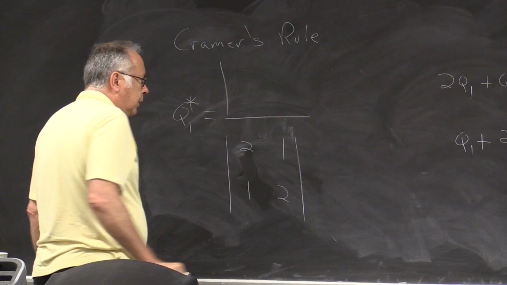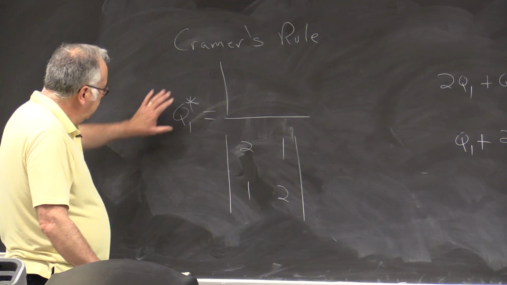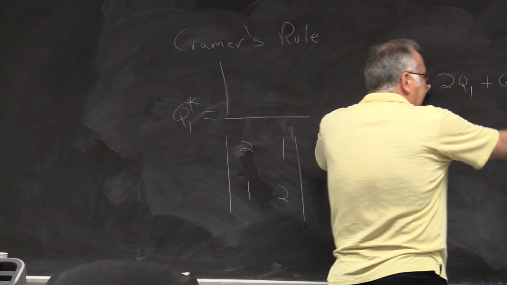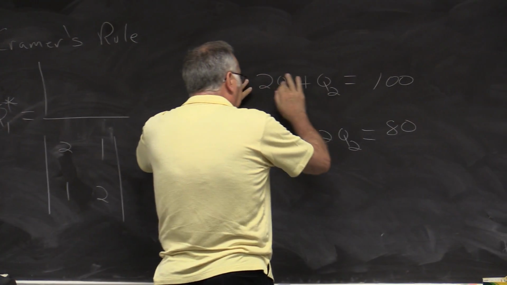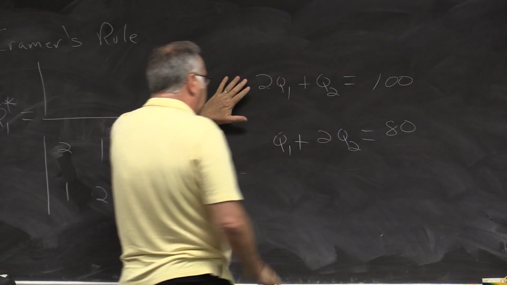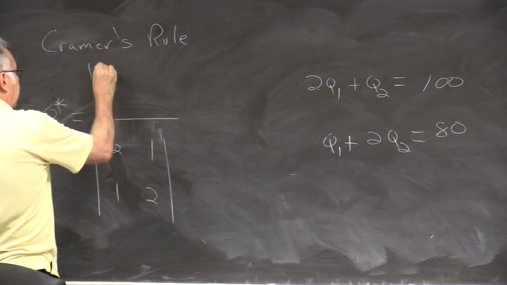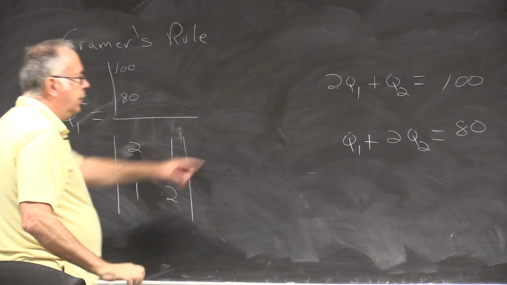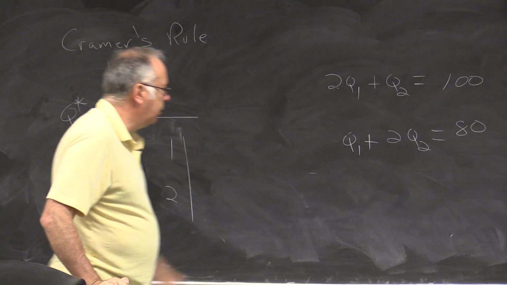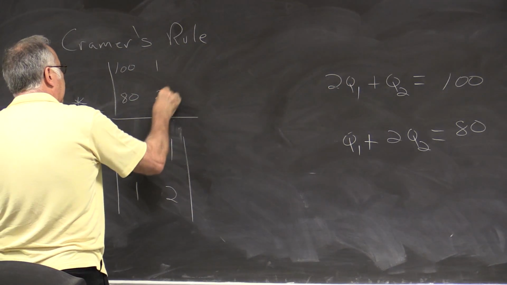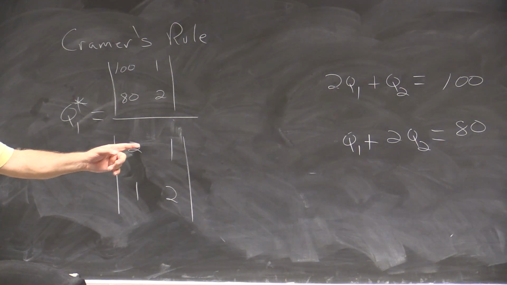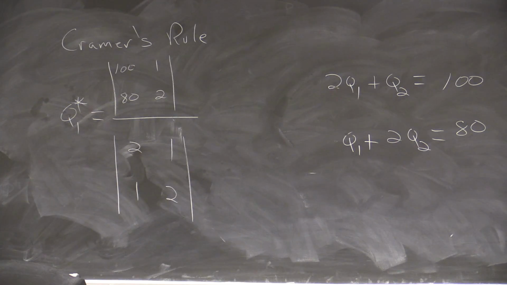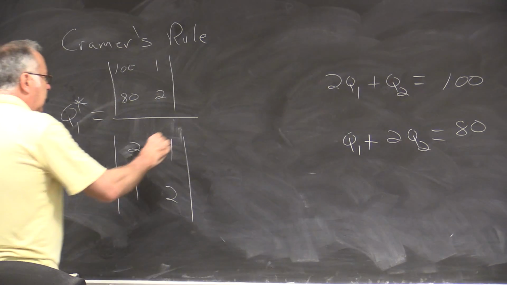Now in the numerator, you also calculate the determinant. What you do, to get q1 star, you take this right-hand side vector, 100, 80, and you substitute it for these coefficients 2, 1. So this becomes, instead of 2, 1, this becomes 100, 80. Then the rest of it is just the same as it was before, 1, 2. You're substituting the right-hand side constants in for the first column, where q1 is. Then you calculate these two determinants.